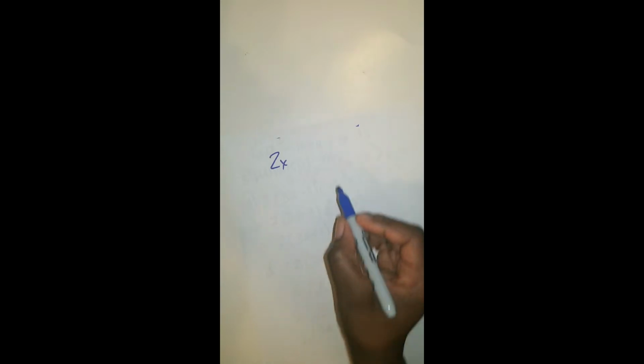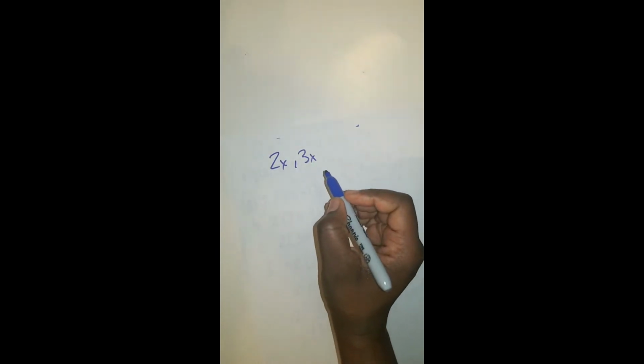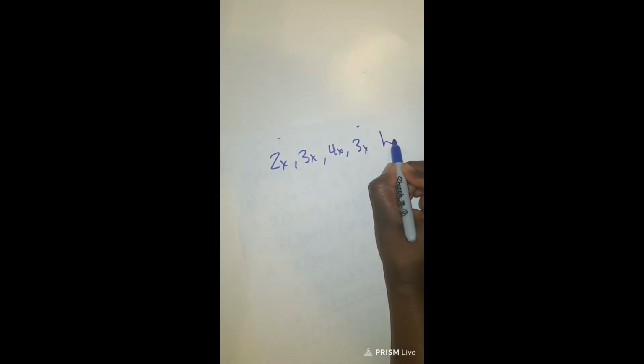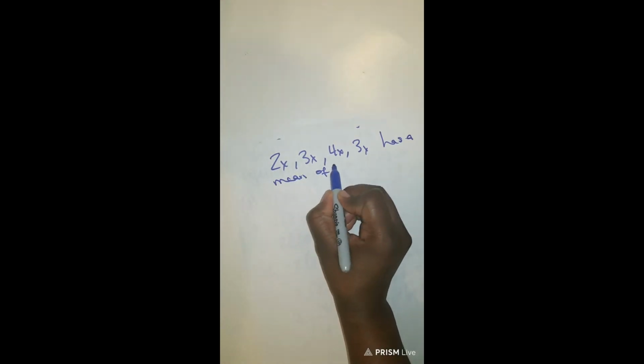So Natalie said, where's the paper I was writing on? So she said 2x, 3x, 4x, 3x has a mean of 12.